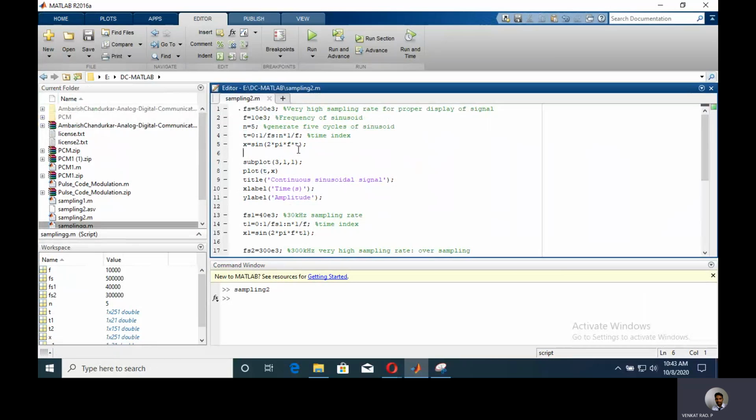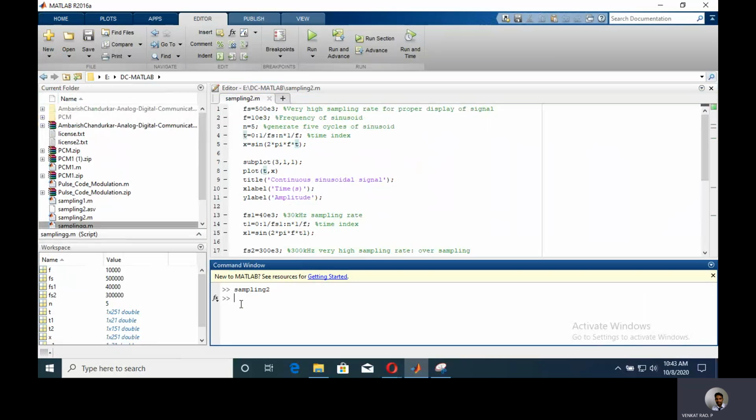Here, what is t? Generally, t should be represented with this notation, starting from 0 and varied in an interval to the last value. This is the general representation.